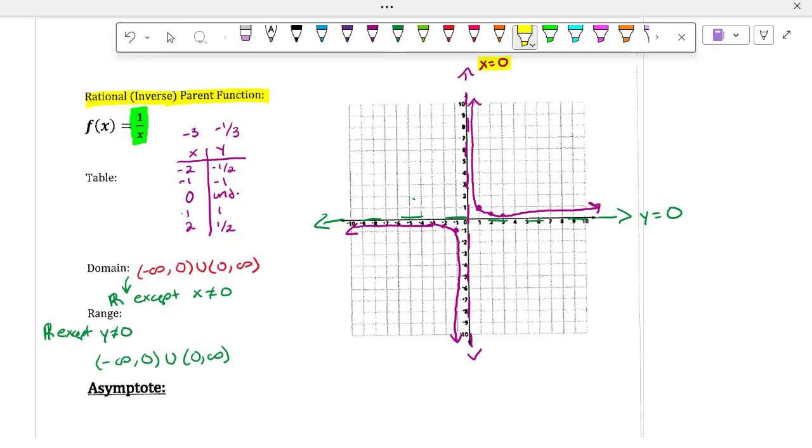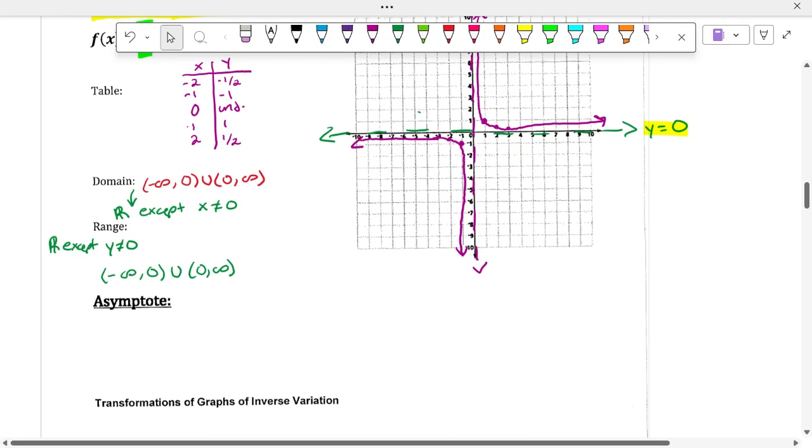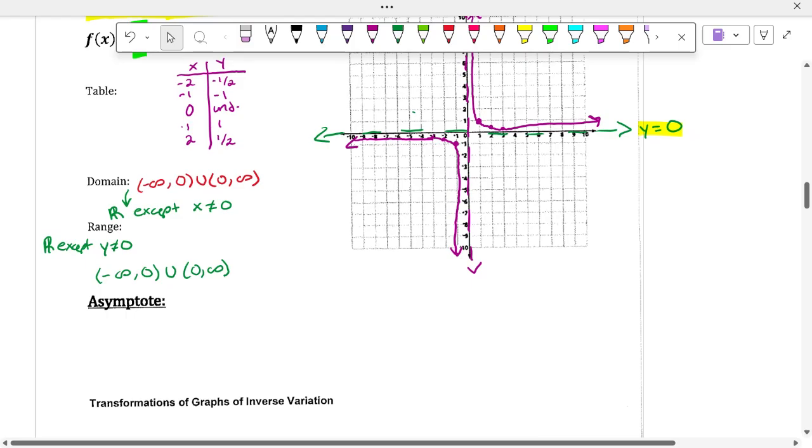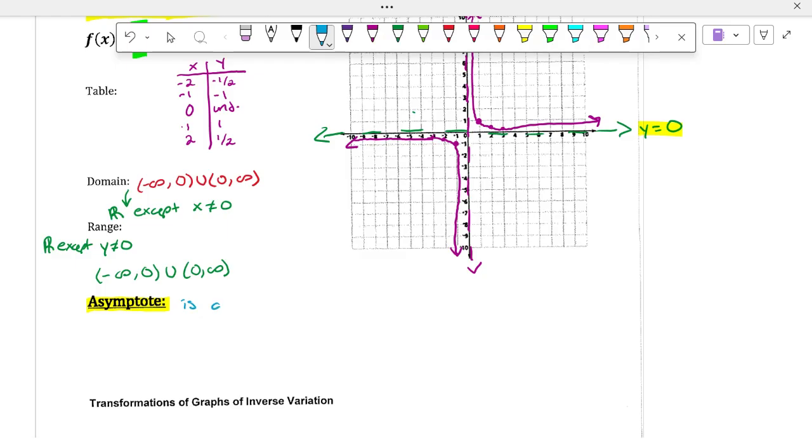Now, these two lines that I just came up with, these are what we call asymptotes. All right, and all an asymptote is a line where your function is undefined.